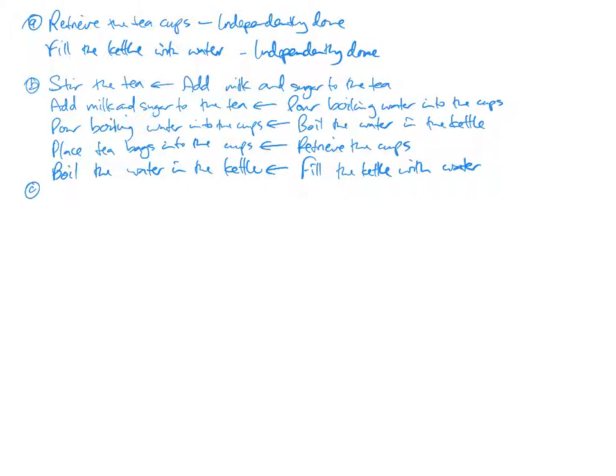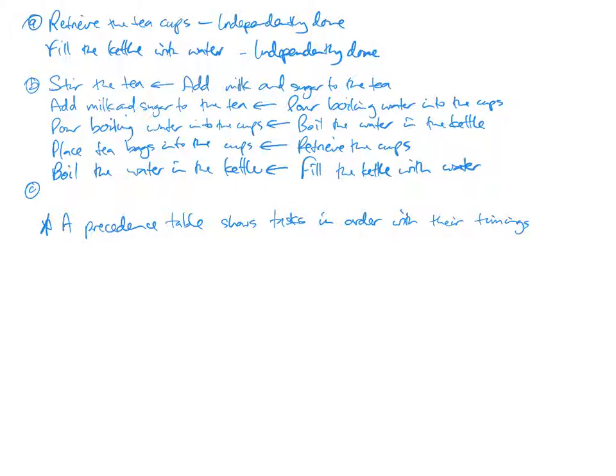Lastly, now that we've done all this, now that we've organized our thoughts and put this information down, we can put them into a precedence table. So what is a precedence table? A precedence table shows tasks in order with their timings, which we already have.